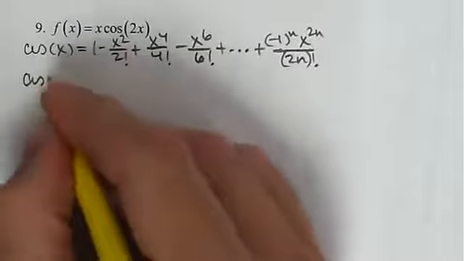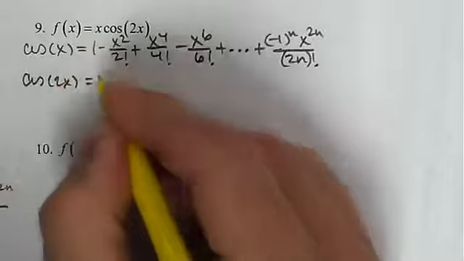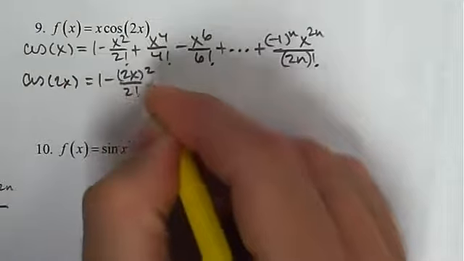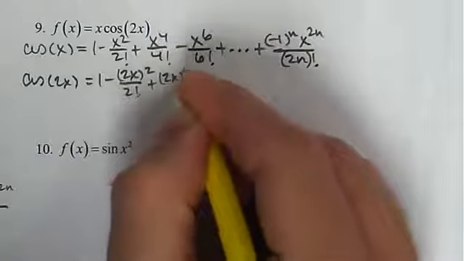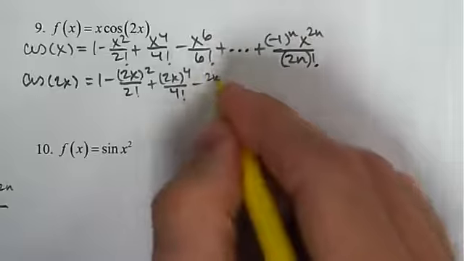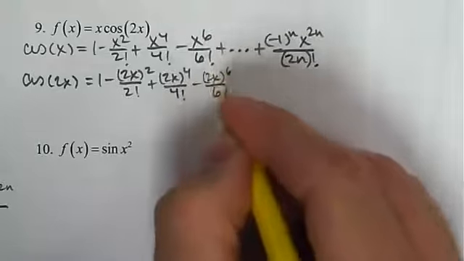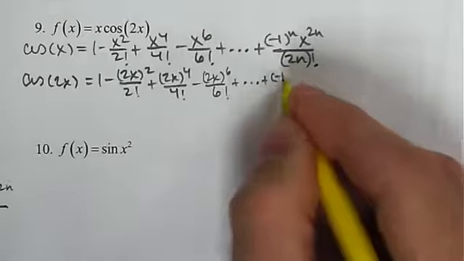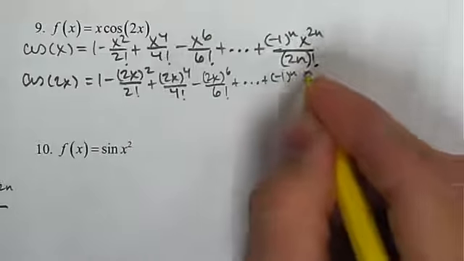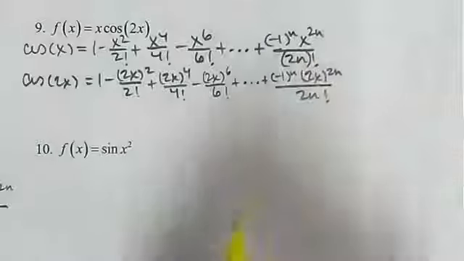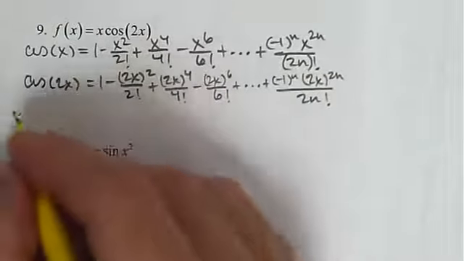Okay, cosine of 2x, I'm just replacing x with 2x. And then x cosine of 2x.